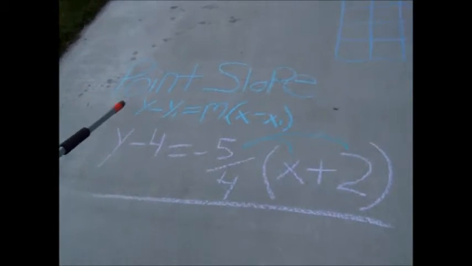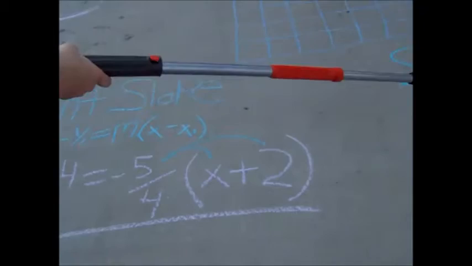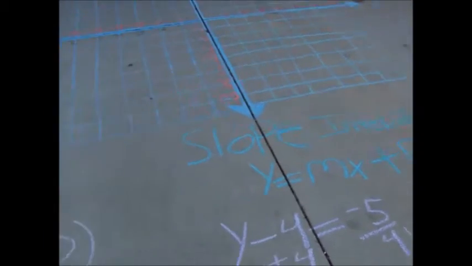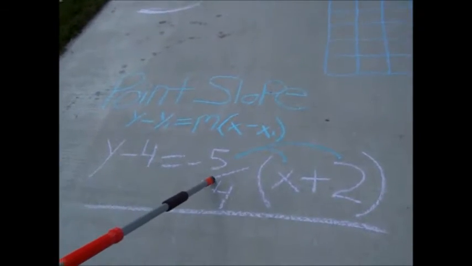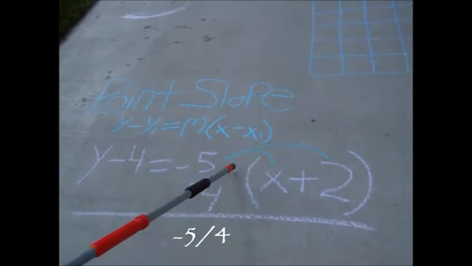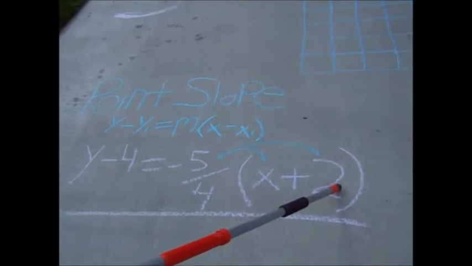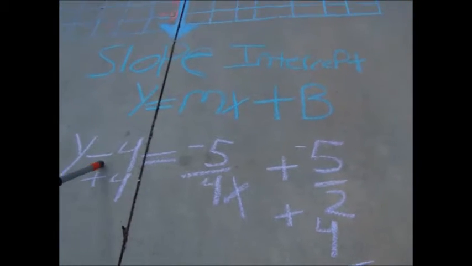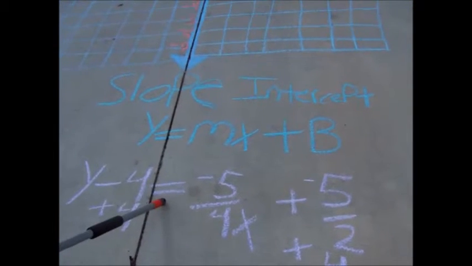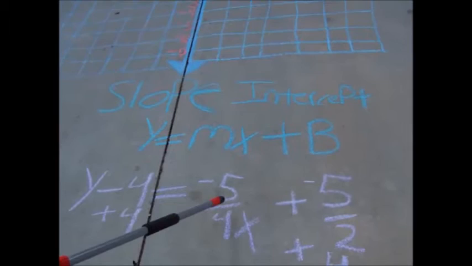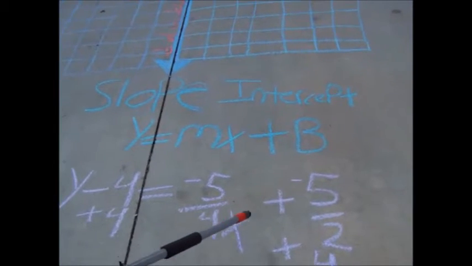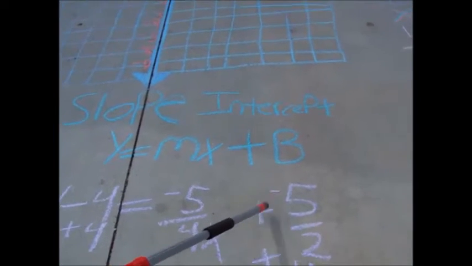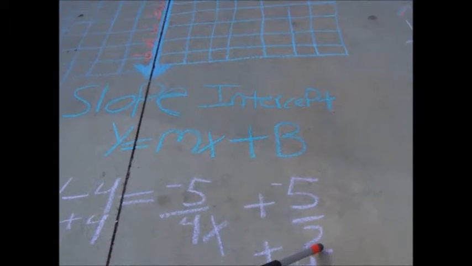To transition from point slope form into slope intercept form, you have to distribute -4/5 to x and to 2. You end up with y minus 4 equals negative 5 over 4x plus negative 5 over 2.